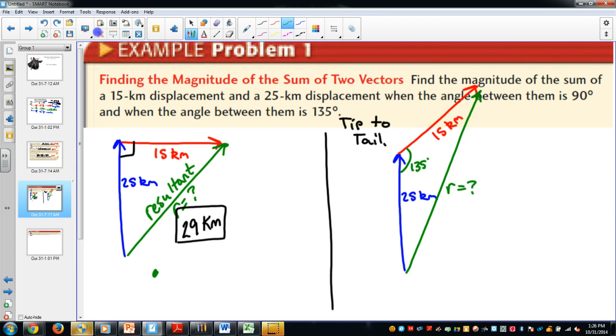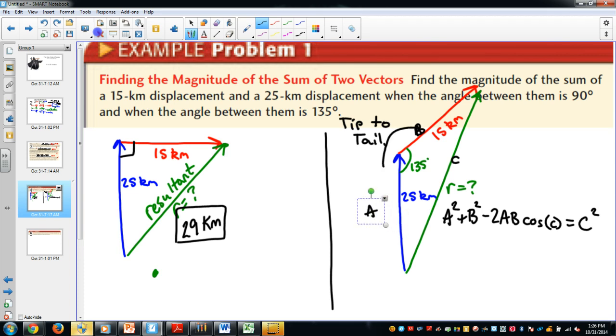I think maybe you want to try to use the law of sines and cosines. You don't really know which one will work, but when I look at this, I'm going to use the law of cosines. The law of cosines says: a squared plus b squared minus 2ab cosine angle C equals c squared. This is going to be my side A, this is my side B, and this is my side C. It doesn't matter which one is A and which one is B. They are interchangeable.